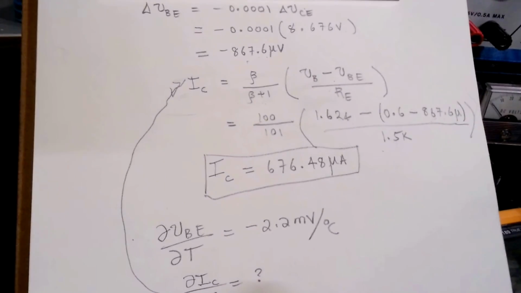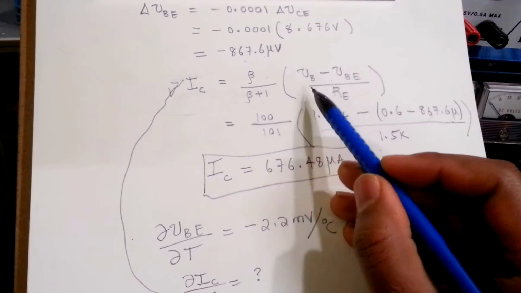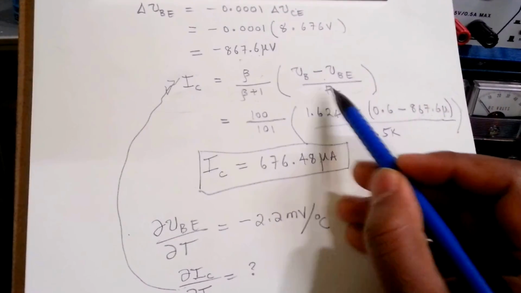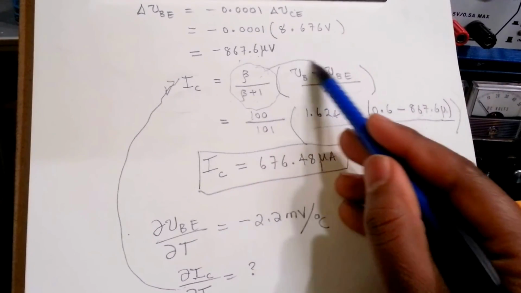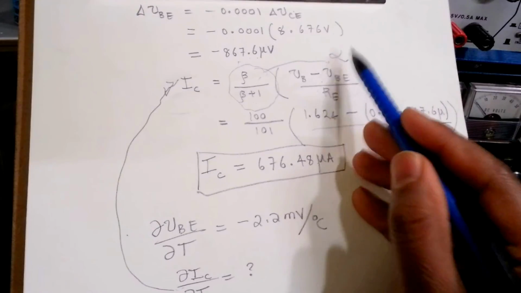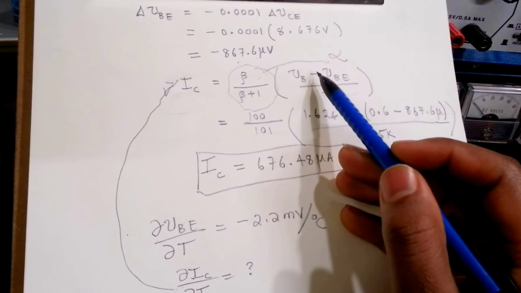So since IC equals beta divided by beta plus 1 into VB minus VBE divided by RE, this term is actually called alpha. Alpha tells you the relationship between IC and IE.